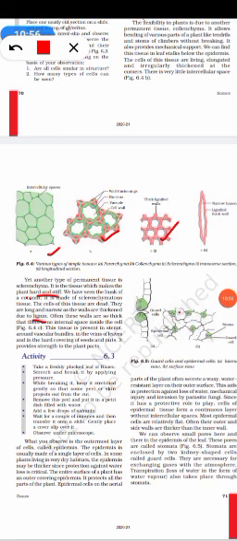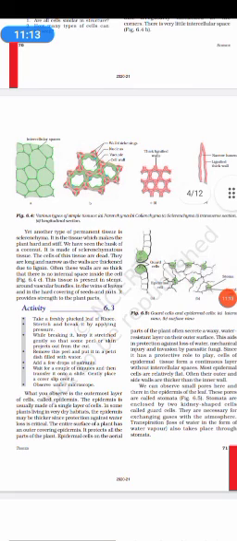Now the next thing: the outermost layer of cells is called the epidermis. The epidermis is usually made up of a single layer of cells. In some plants living in dry habitats, the epidermis is thickened to protect against water loss.